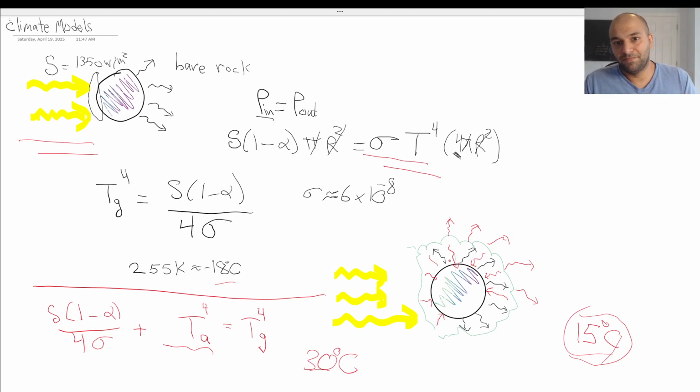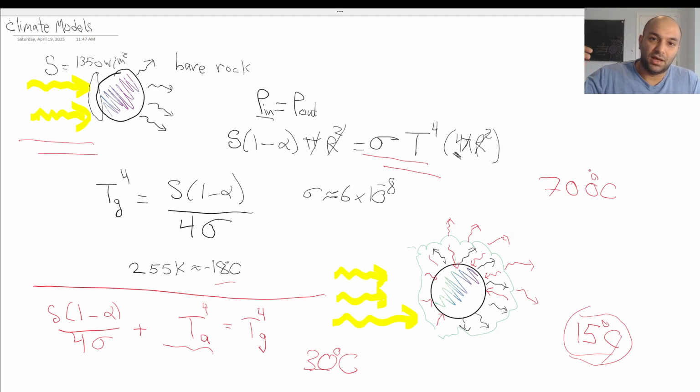If you have water, this is what you get in Venus. Venus, instead of heating up to 15 Celsius or 30 Celsius, is actually like 700 degrees. It's very, very hot because of runaway greenhouse gas effects.